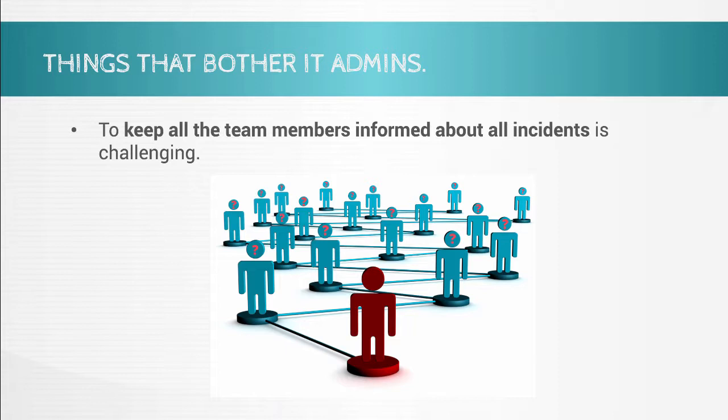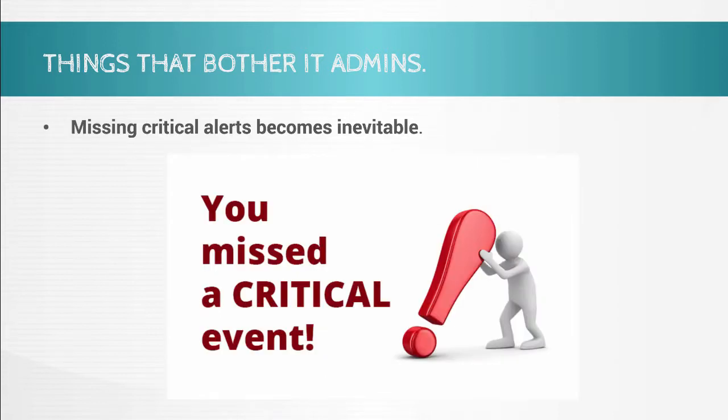To avoid that, he can add all his team members in AlarmsOne and add all his applications in AlarmsOne so that all the team members will be informed about all the incidents. So when there are too many applications and too many alerts, there is a possibility of missing critical events. When critical alerts are missed, it may lead to business outage, resulting in financial losses.